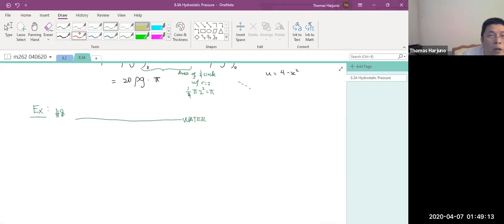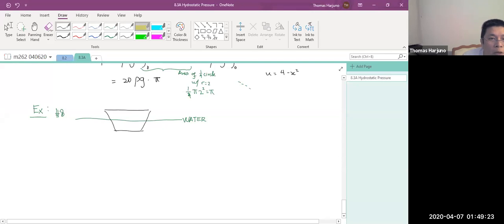And then we have a plate that is partially submerged. That's a trapezoidal plate, partially submerged. The top is 4 meters. The bottom is 2 meters. It's submerged 1 meter depth. So the water only hits this part here.